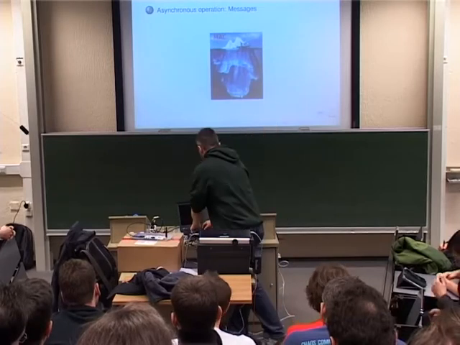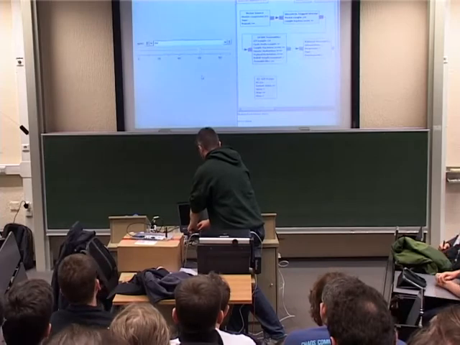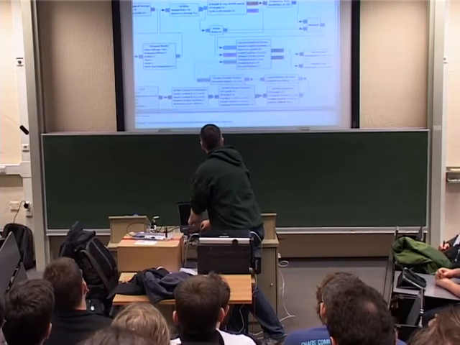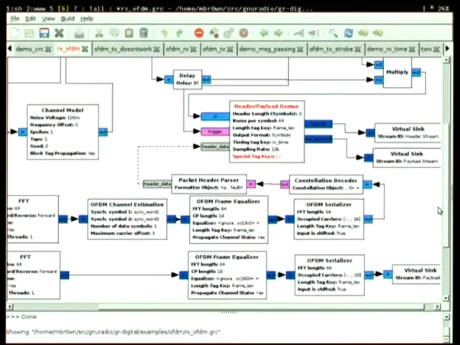So, for example, I'm just going to close these. This is the whole receiver flow graph. I can add instrumentation blocks at any point. For example, this is my equalizer, and the output of the equalizer should give me complex symbols that already look like the constellation diagram I'm aiming for.